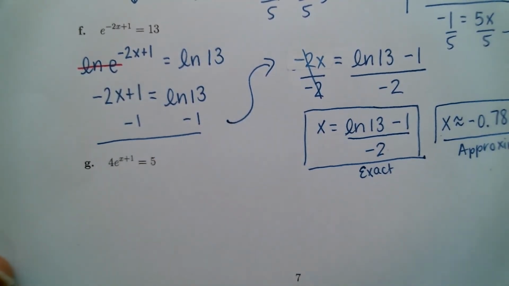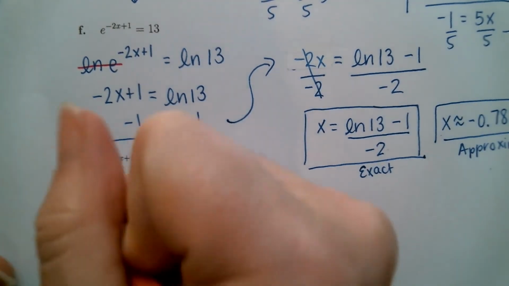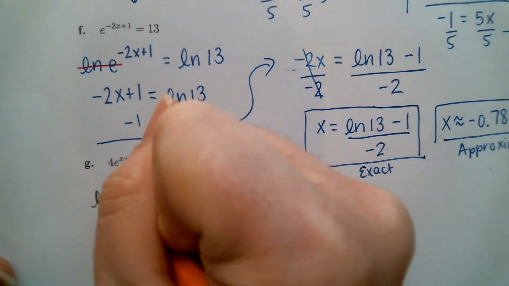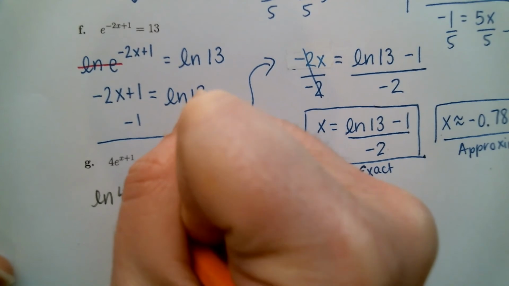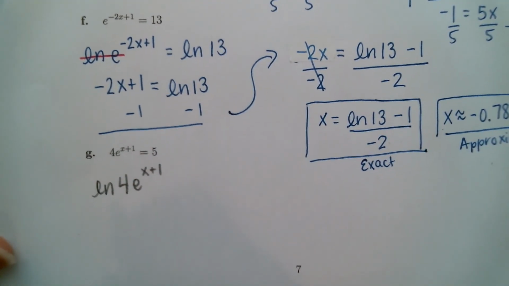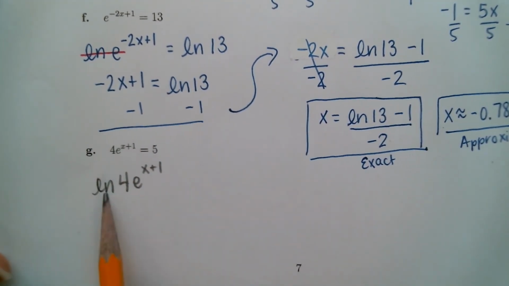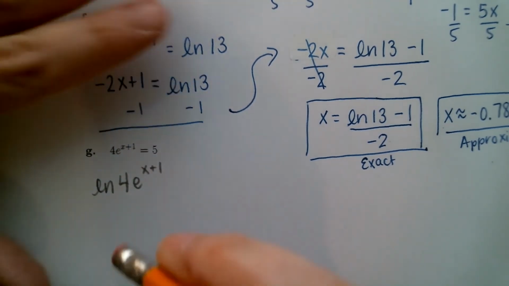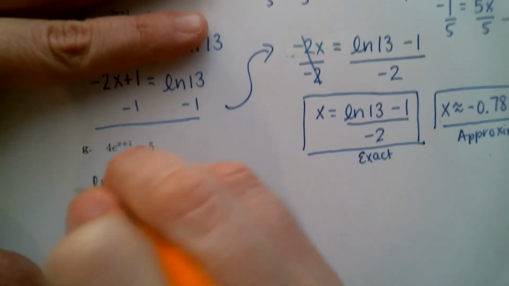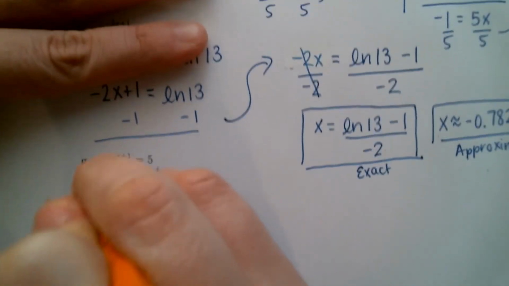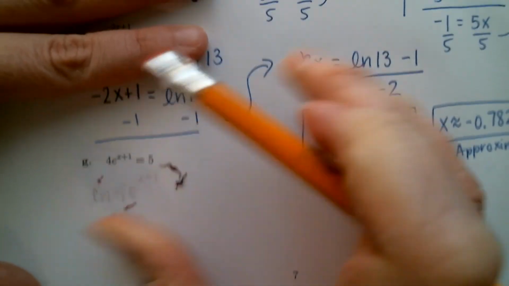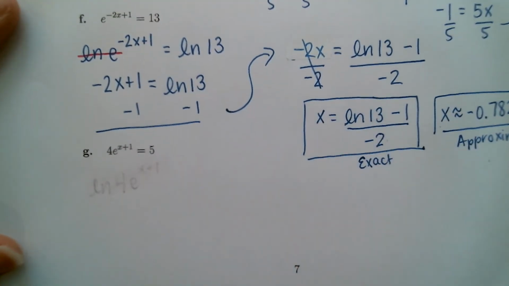If you started this problem and said, I'm going to take the natural log of both sides, and you did this to the left side, you can't cancel the natural log and the e here because they're not side by side. That 4 is in the way. So what you're going to have to do is isolate the e to the x plus 1 first. You need to get it by itself.